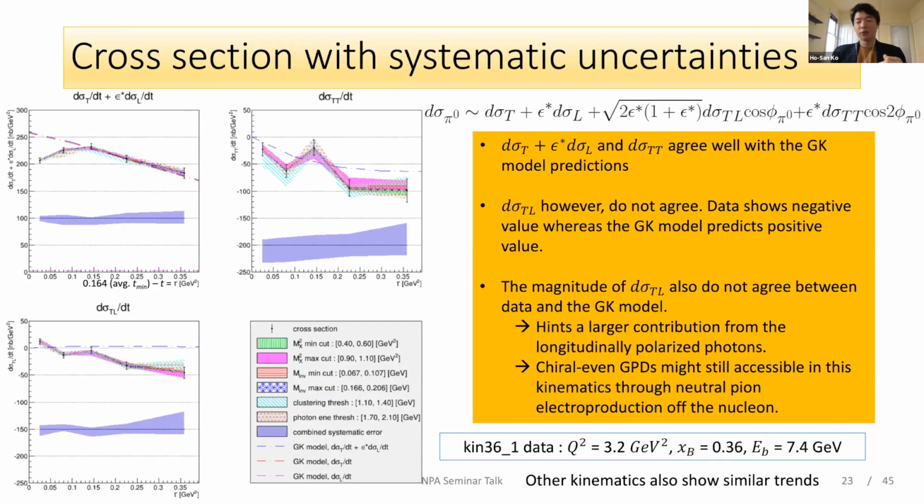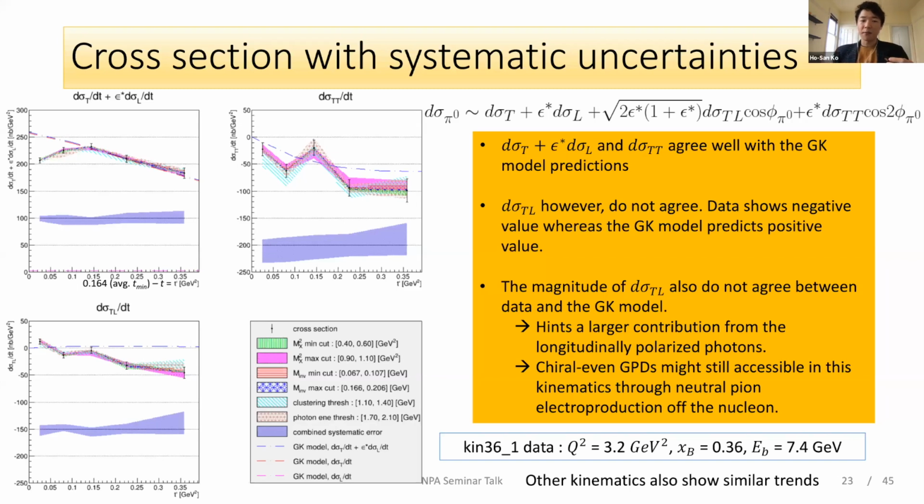Maybe it is better to explain with the data, not just comparing with the model calculation. So here I now show you, for the same kinematics, the sigma TT interference and sigma TL interference. We see that the sigma TT term and sigma TL term are quite significant, which hints that a chiral odd sigma T term has a high contribution to this cross-section.